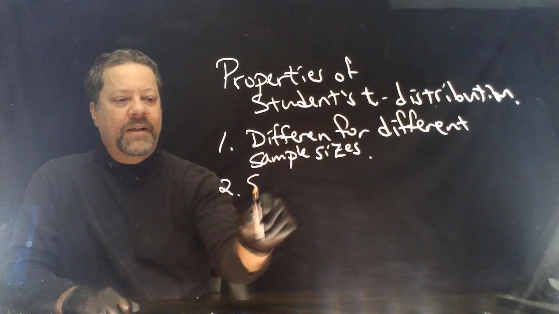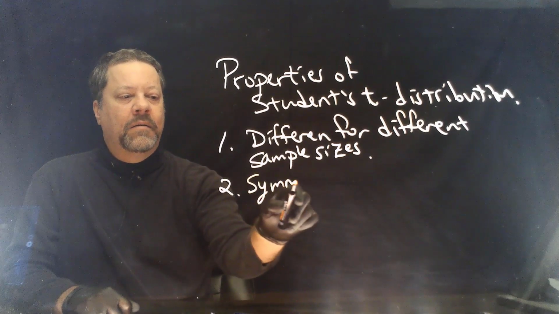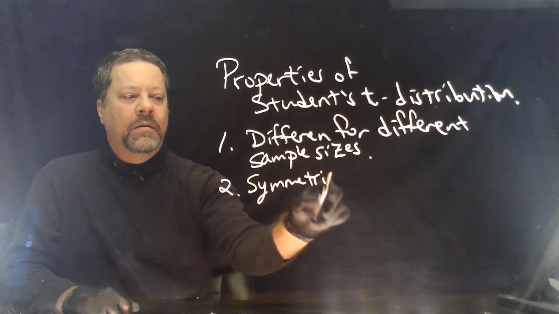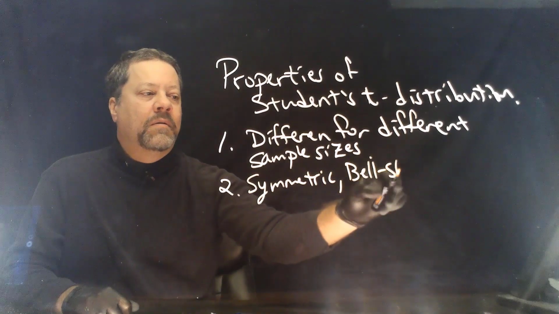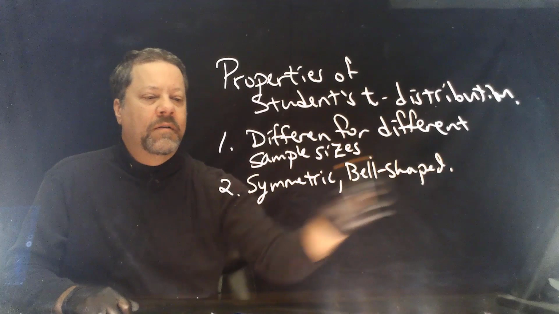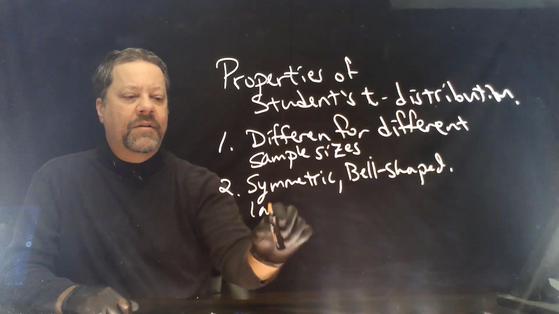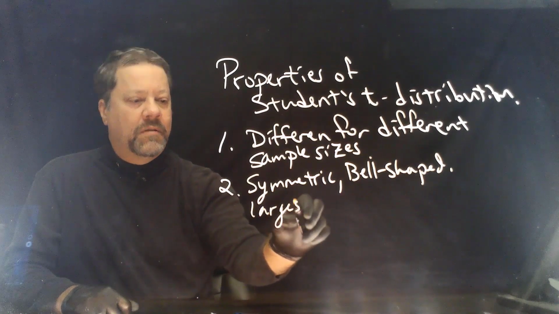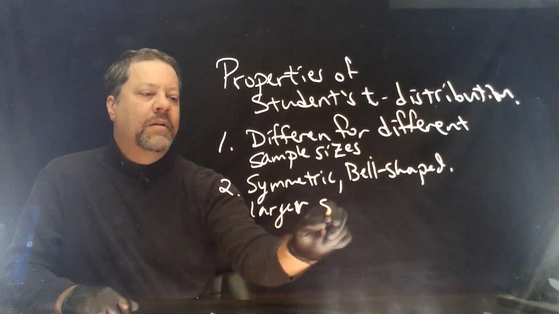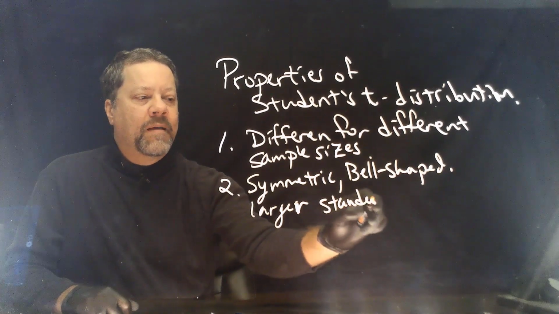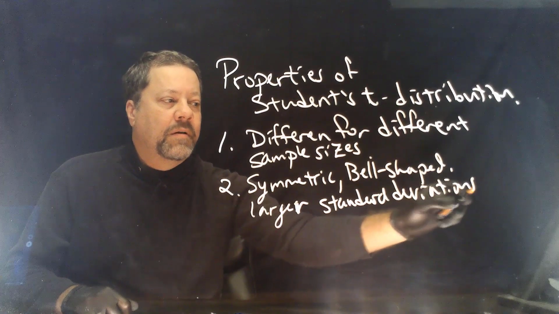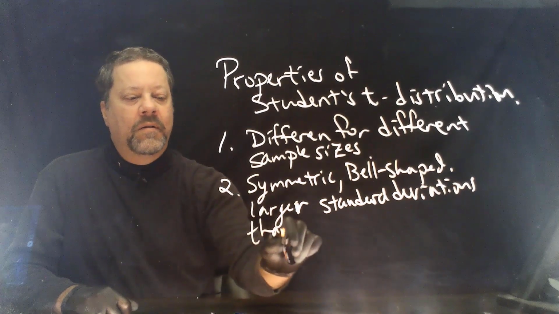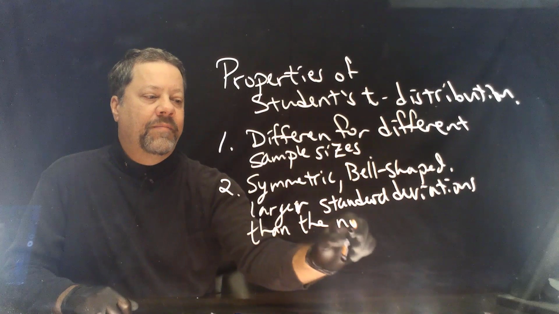They are symmetric and bell-shaped. They have slightly larger standard deviations than the normal curve.